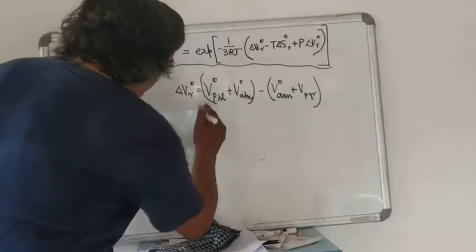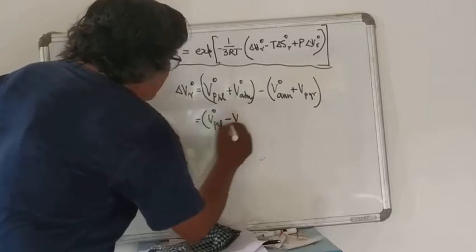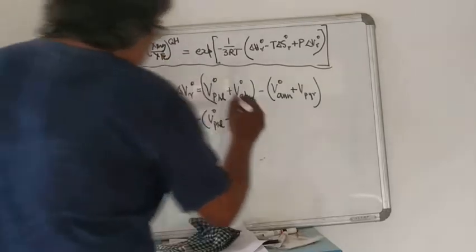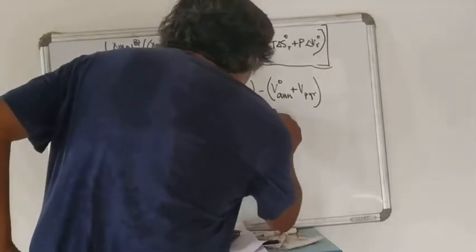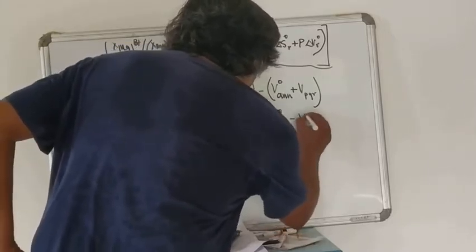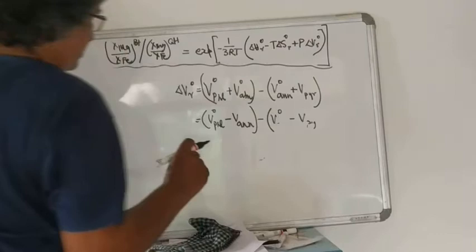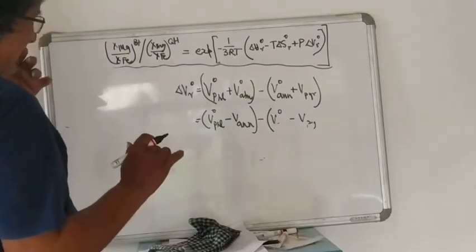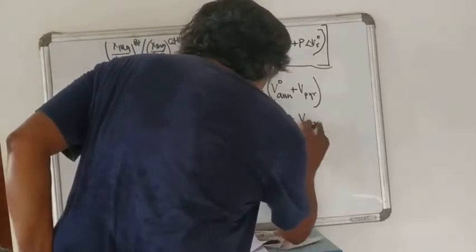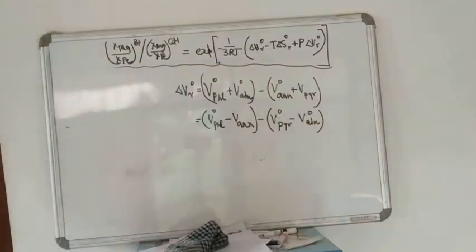Now, if I interchange this a bit, then you have V phlogopite, V0, minus V0 annite, minus V annite... This is how the equation will be.